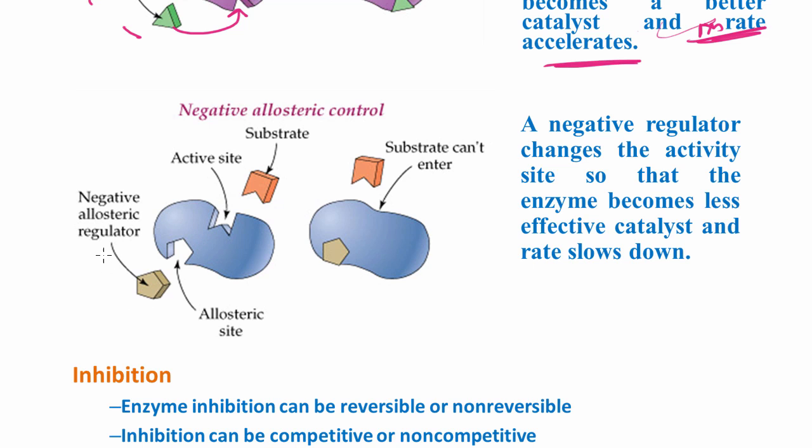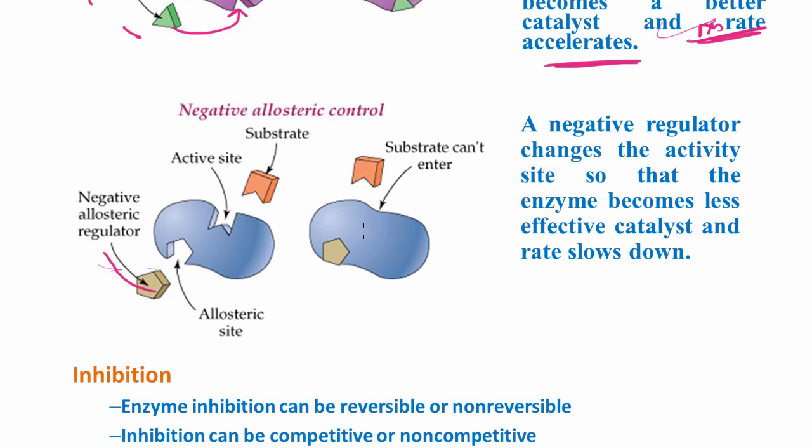So basically, again, we have this negative regulator. And sometimes these can be drugs, right? We take prescribed drugs for different health issues. You could have a drug that acts as a negative regulator or a positive regulator. With the negative regulator, you have an active site that's available, and so substrates are able to enter the active site. But a negative allosteric regulator binds to the allosteric site on the enzyme.